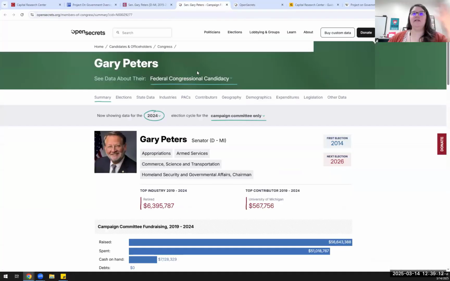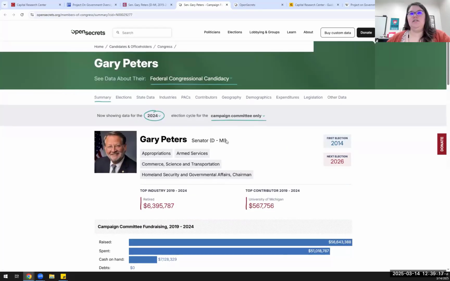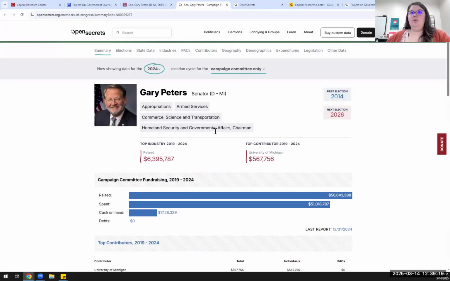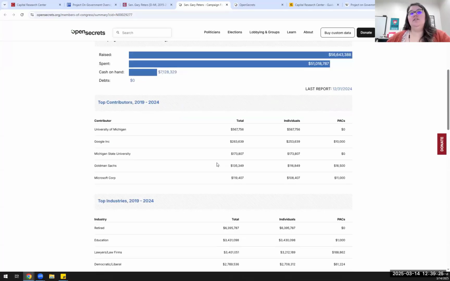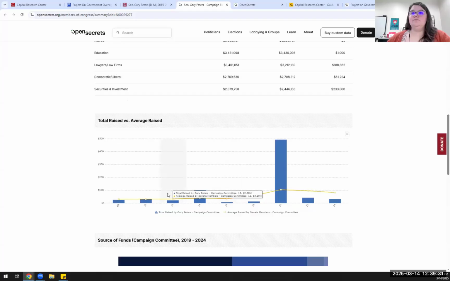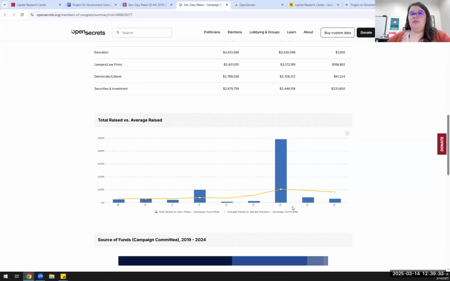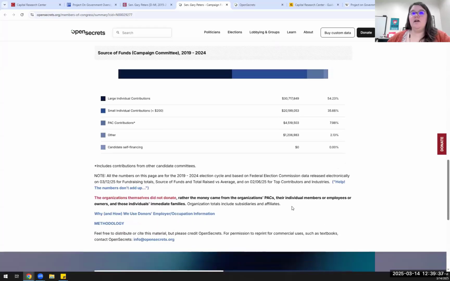And if we're looking at, say, Senator Peters' Open Secrets page here, you can see who he's serving for, how much money he's raised, how much cash he has on hand, who his contributors are, who the top industries he's looking at are from, how much average money he's raised, who his contributions are from, and all of this is coming from the SEC.